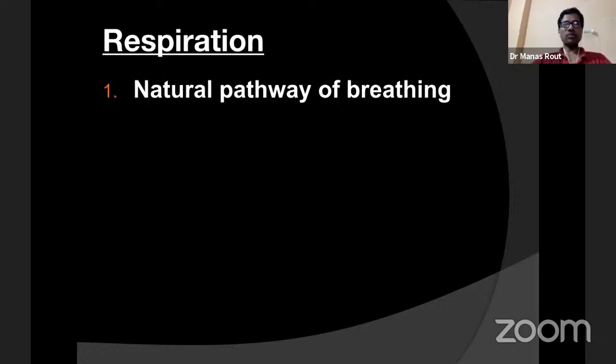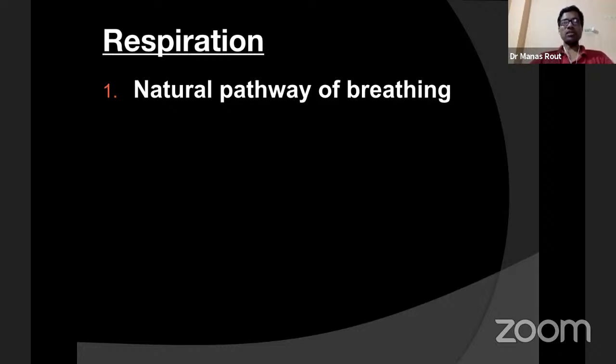It's not the organ of breathing. As you know, the organ of breathing is the lung, and respiratory functions take place in the alveolus of the lung. But while reaching the alveolus, air has to go through a natural pathway, and this natural pathway is called the nose or nasal cavity.